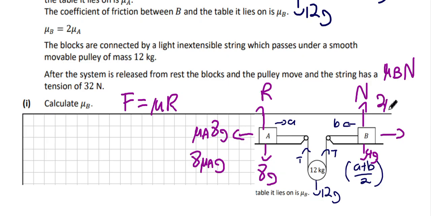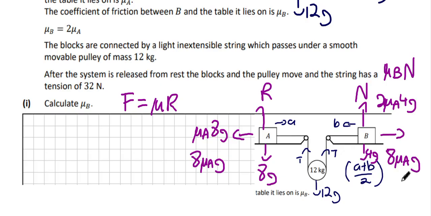It's 2 mu A. And what's the N value? 4G. And what's 2 times 4 there? 8 mu A G. The friction in both of them is actually the same, but up in opposite directions, okay?